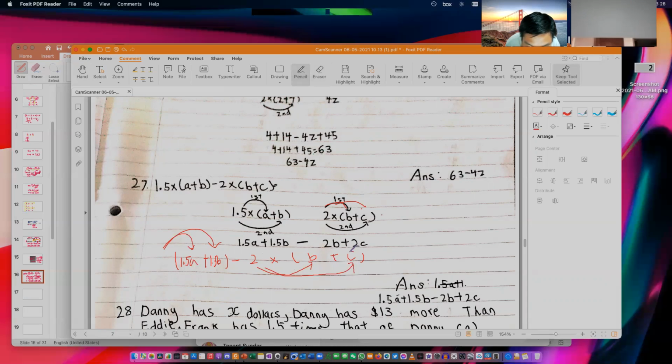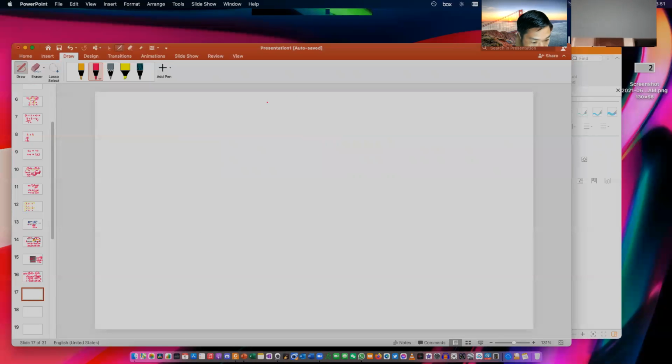By the way, this is c. So my 2 is here, my 2 is here. The 2 is gone, but the minus sign is not gone. The minus sign is still here, okay? Never mind, I don't have enough space here. Let me do this question on the next page.